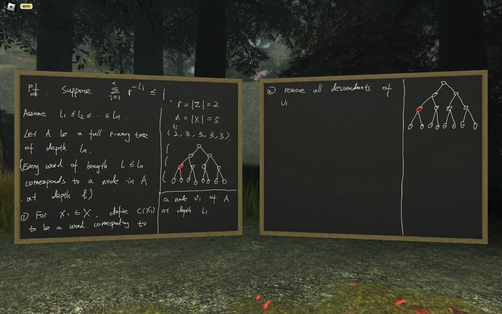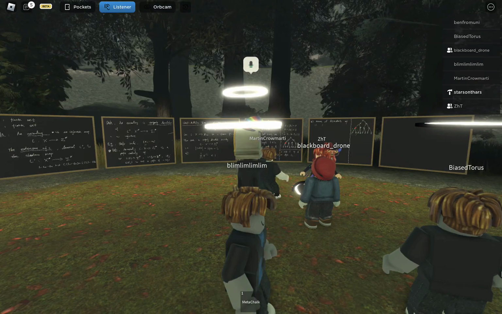And we pick v1 to be this one. Now we remove this subgraph. So by doing this, we notice that... What's the problem?